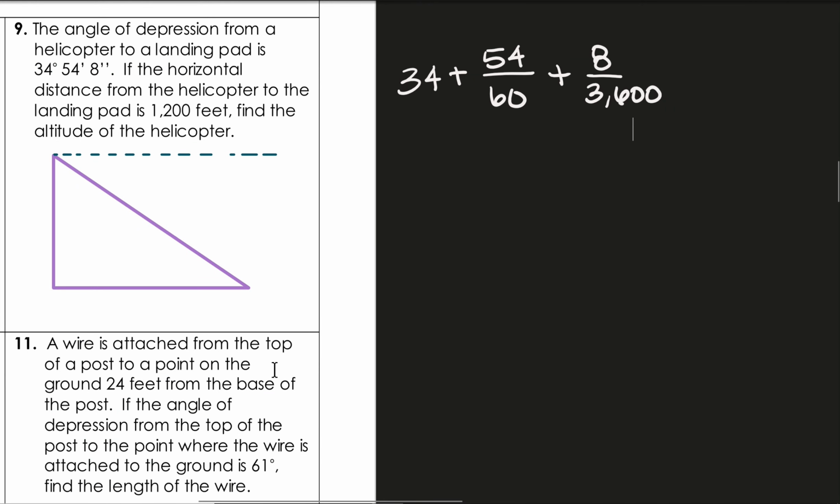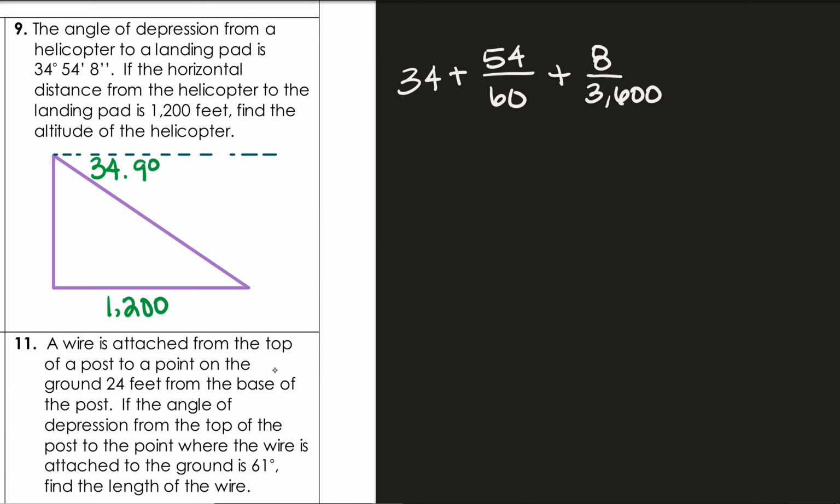So I'll come back to OneNote. So I have 34.9. This is my angle of depression. So they already tell us the horizontal distance is 1,200, not 12,000. Find the altitude of the helicopter.